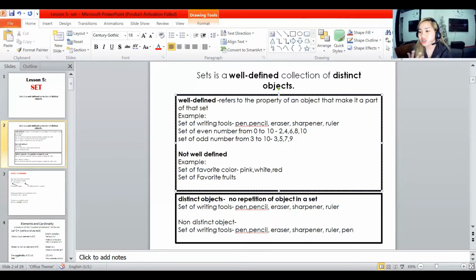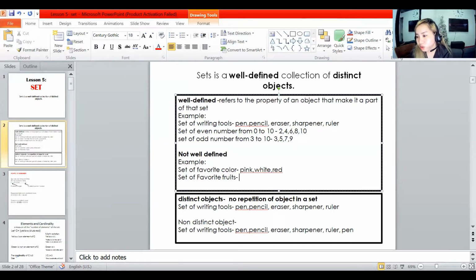Pero nag-change to depende sa kausap mo. So, kung kayo yung tatanungin ko kung ano yung set of favorite colors nyo, syempre iba yung elements na ilalagay nyo dyan. So, ayun po yung not well-defined set. Kapag po nag-change yung elements, depende po sa kausap. Another example, we have set of favorite fruits. Ayan.